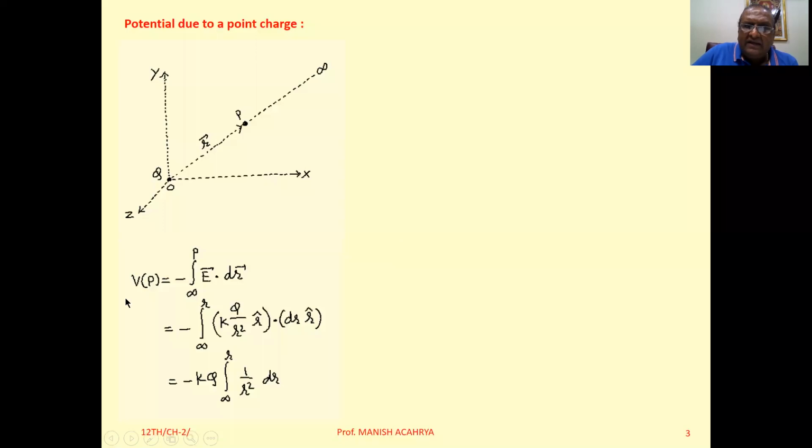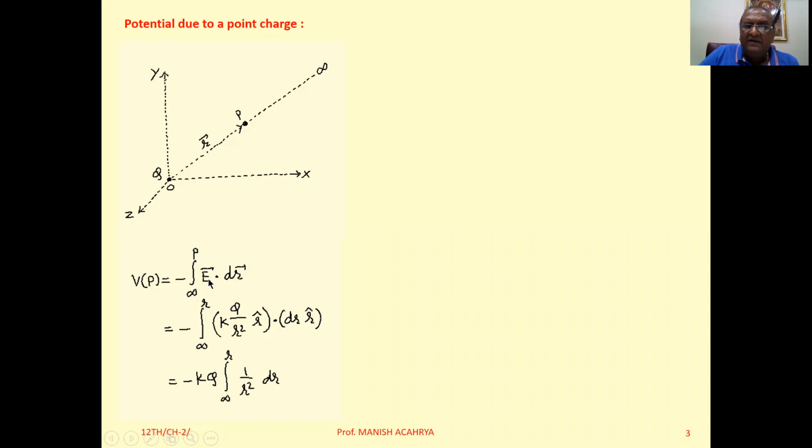So as per definition, potential at P is equal to minus integration from infinity to P of E dot dr. We can rewrite this as minus integration from infinity to r, because point P is at a distance r from the origin.